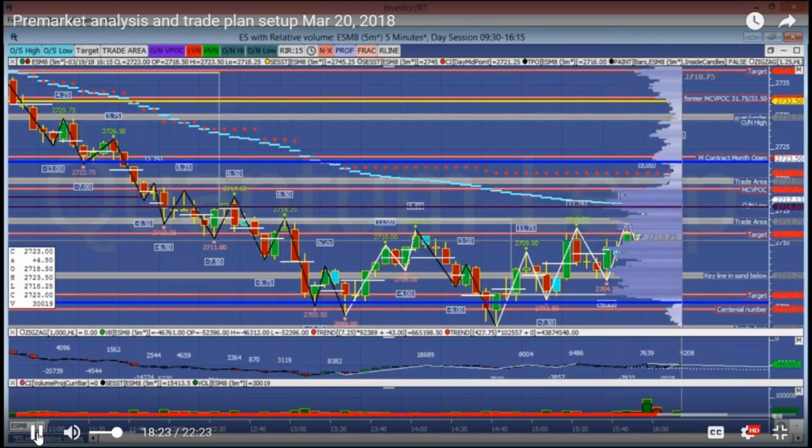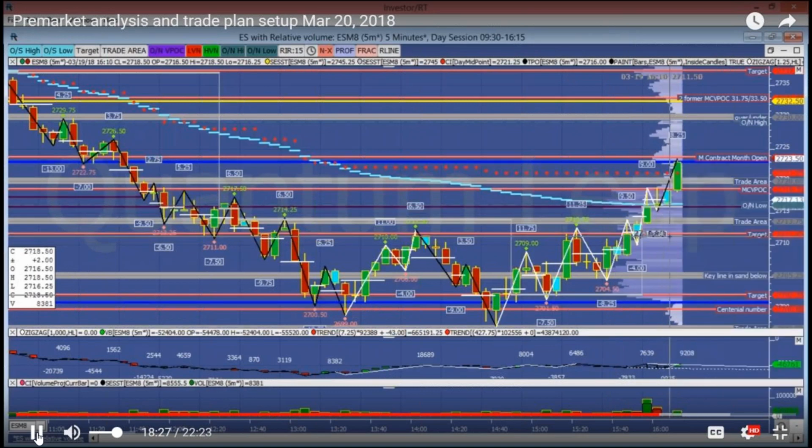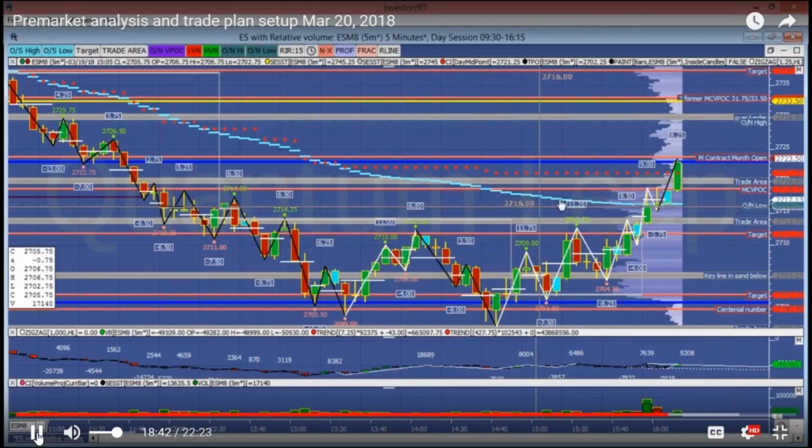And that's what created our tail on the profile, and I'm expecting us to get stuck down here and basically chop between the 2705 and the 2720 area and just find balance around that former microcomposite VPOC at the 1875 level. So that is Hypo 1. Hypo 2, going to be the same thing, really.